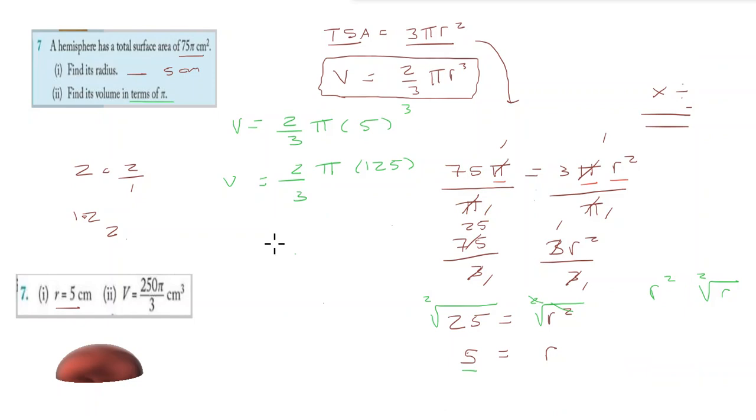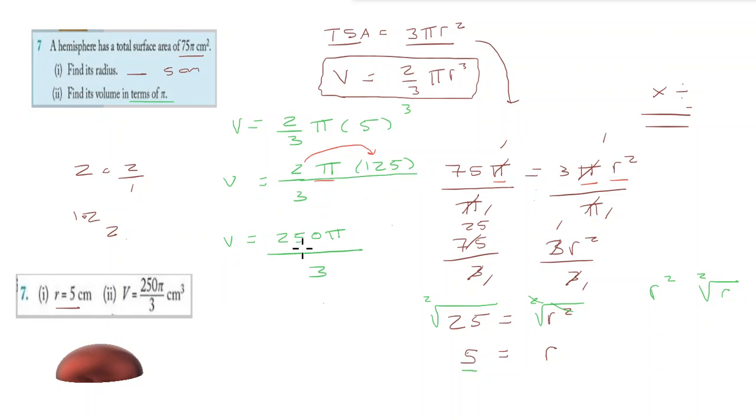So the volume is going to be equal to 250 pi over 3. We've multiplied this by this, and we're retaining pi. We're not multiplying pi. So it's going to be 250 pi over 3.